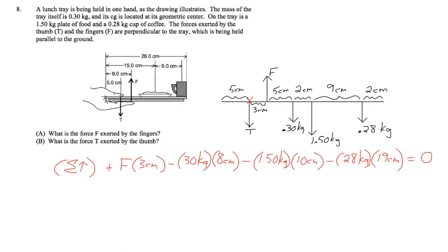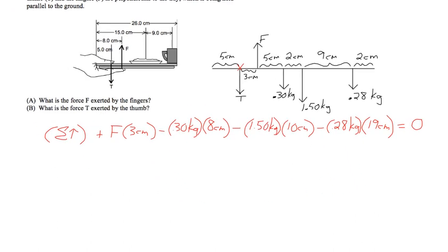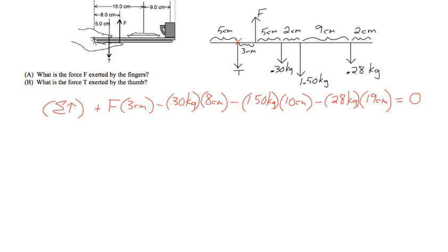And then I'm just going to move these 3 terms to the other side and divide by 3, and I'll have the answer. So F is going to equal, when these 3 go to the other side, they're all going to be positive because they're negative on the left side.